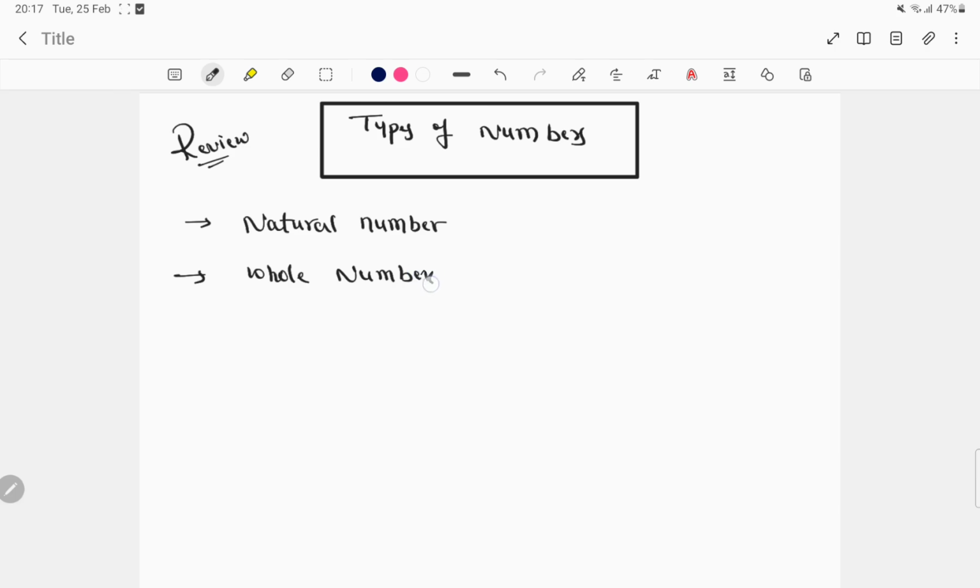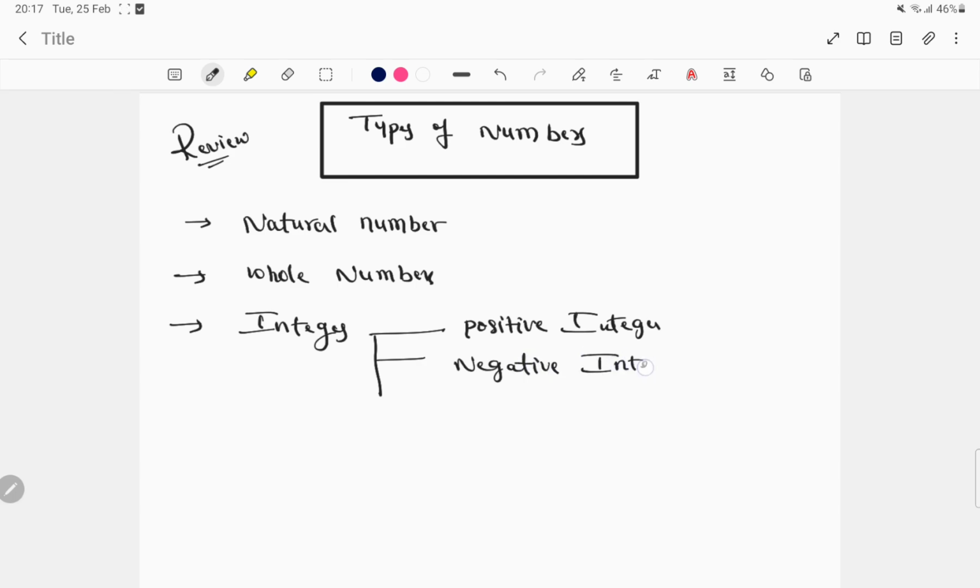Next, integers. In that, positive integers, negative integers we discussed. Next, non-negative, and non-positive.